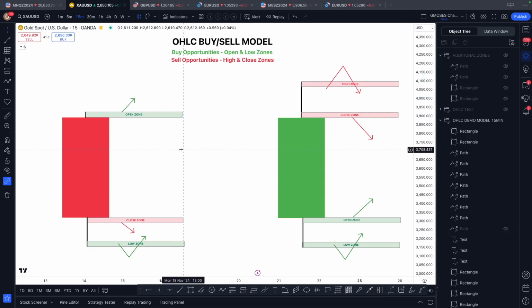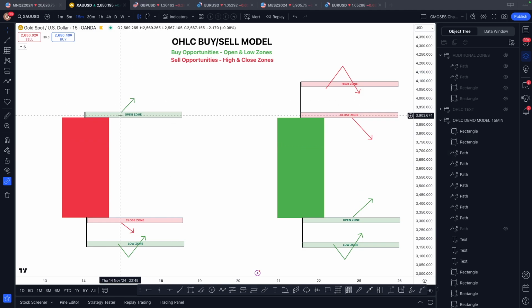We want to eliminate that, and look at it from the perspective of: let's gather the data and see exactly what the candlestick will actually do. So in this area, we don't necessarily want to look for any sell opportunities until we get to a point where price presents itself.